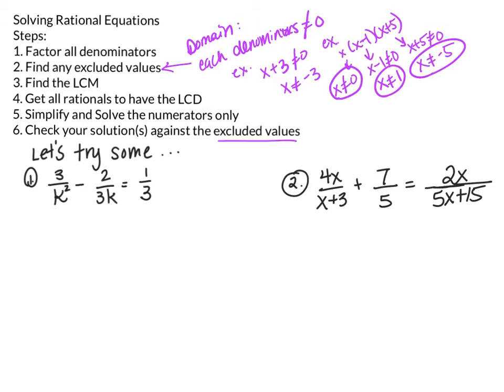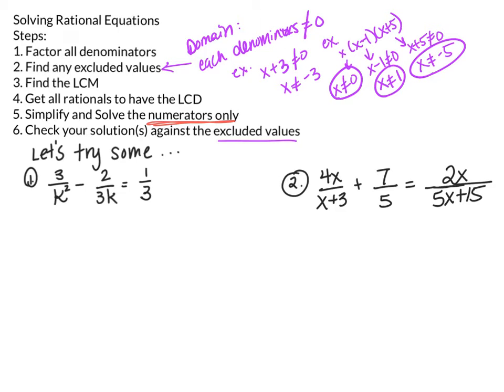Once we've done this, we're going to simplify and solve the numerators only. Numerators only. After we've gotten a solution, say we get x to be 7, we go back to those excluded values and check. As long as we didn't say that x cannot be 7, then we're okay. If we did say that x cannot be 7, then that is an excluded value.